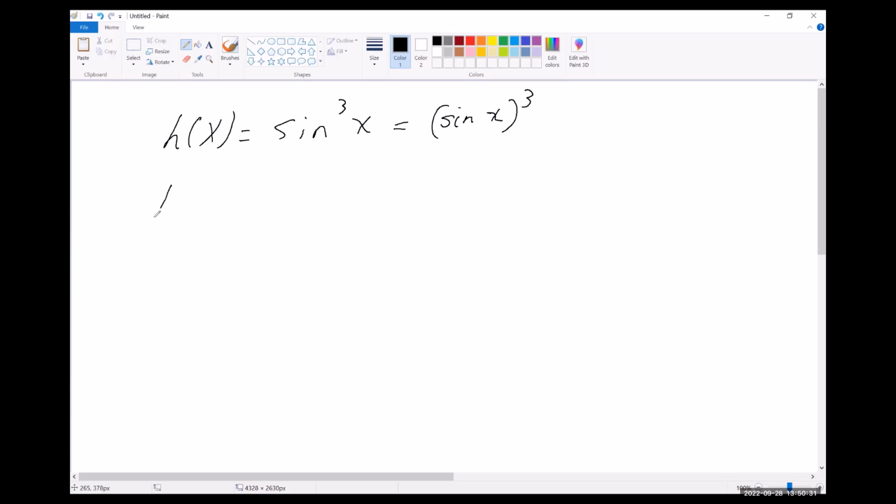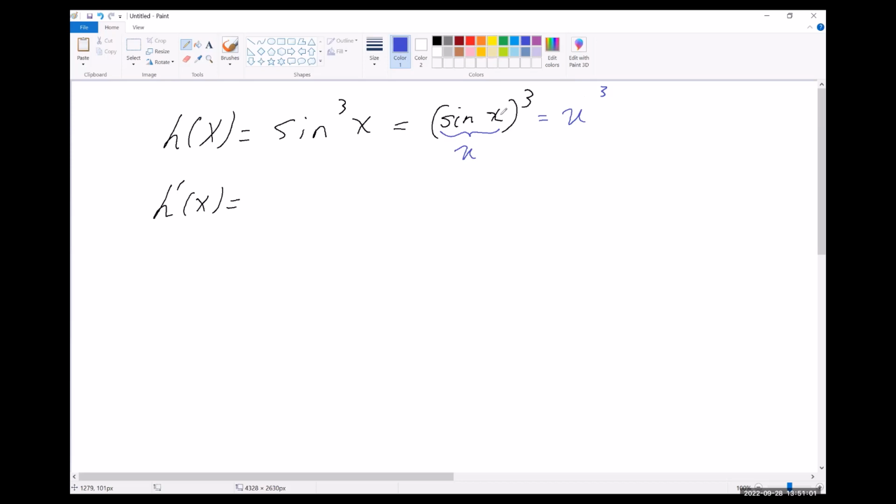So you're taking h prime of x, and so again, if we treat this part as the u, and this is like u cubed, then you know the 3 has to come to the front, and then you subtract 1. But then we have to take the derivative of sine x.